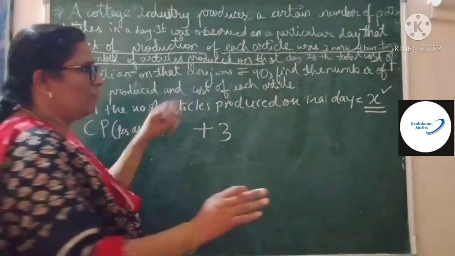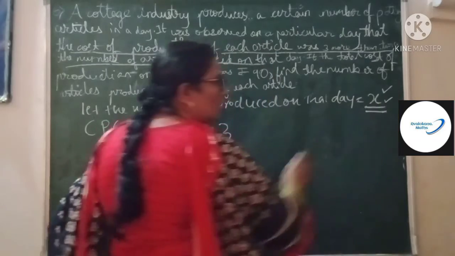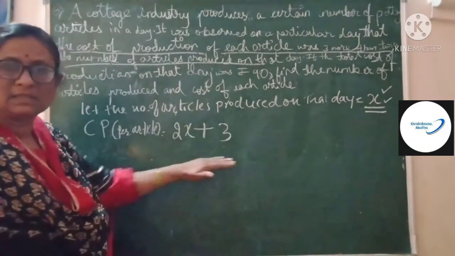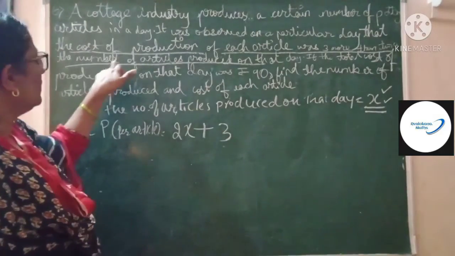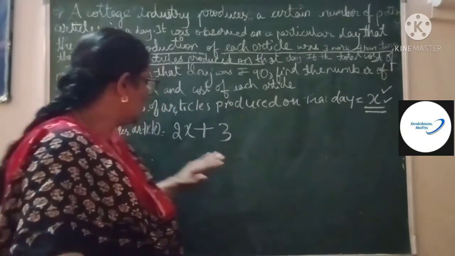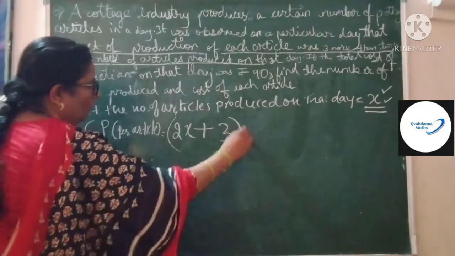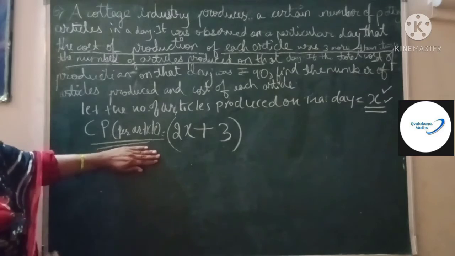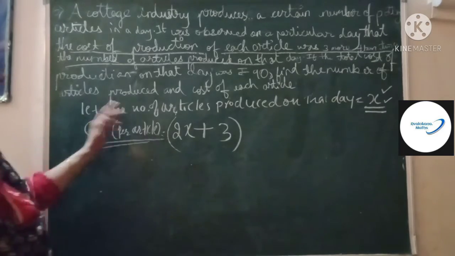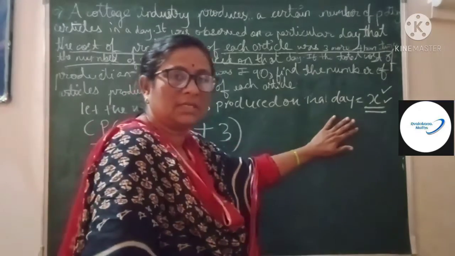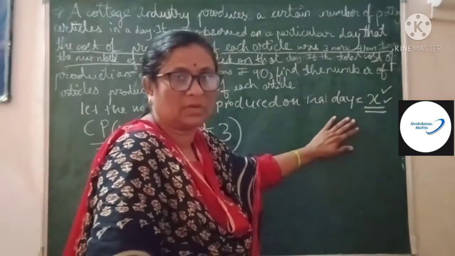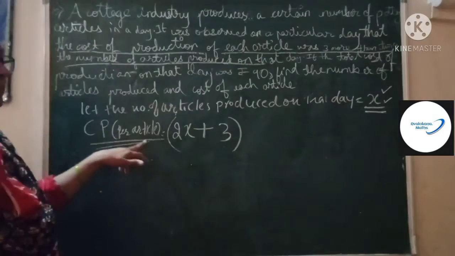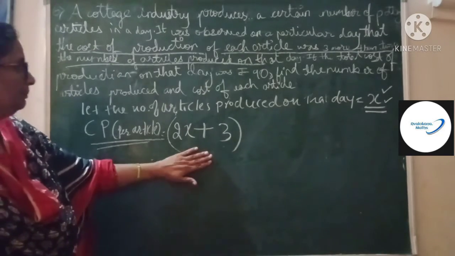Very simple. Number of articles produced is X, twice of that is 2X, plus 3. This is the cost price of one article. I think you people have understood this, very easy. We have got two concepts: X shows the number of articles produced on that day, and 2X plus 3 shows the cost per article.